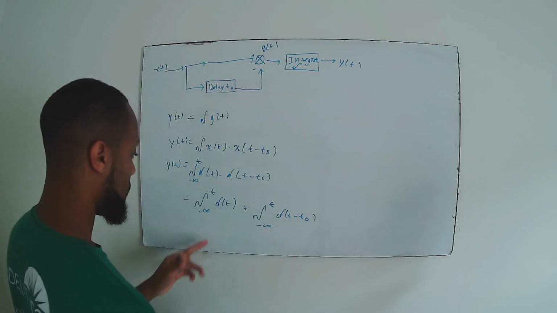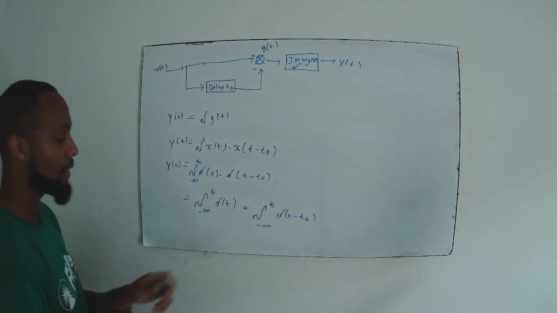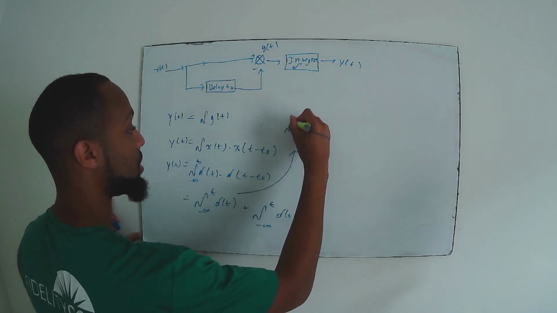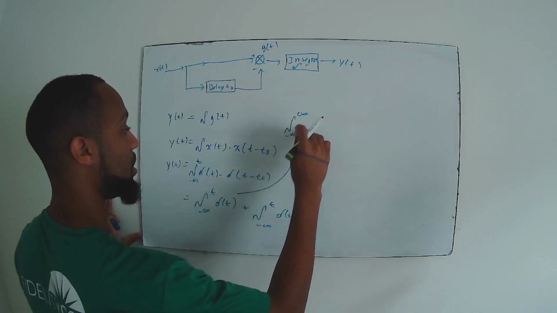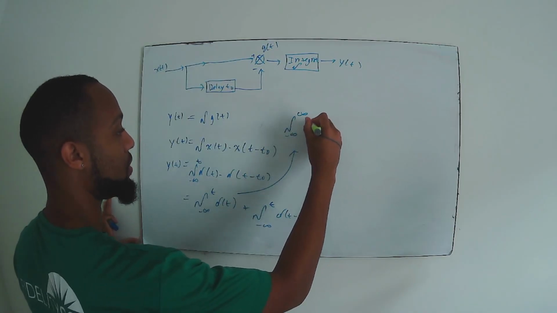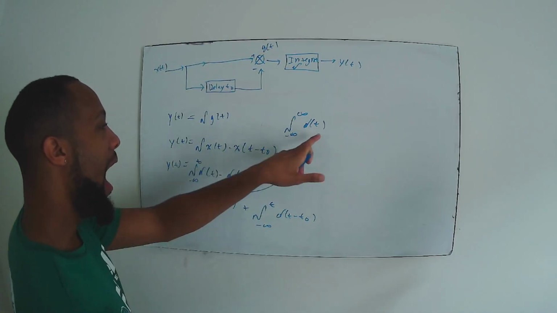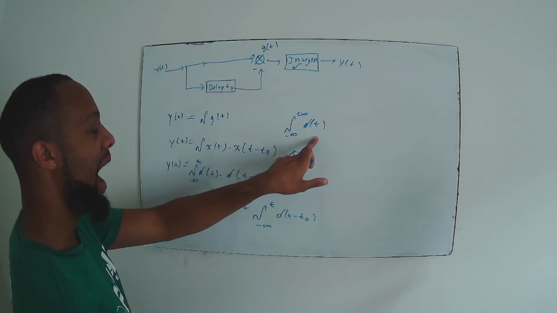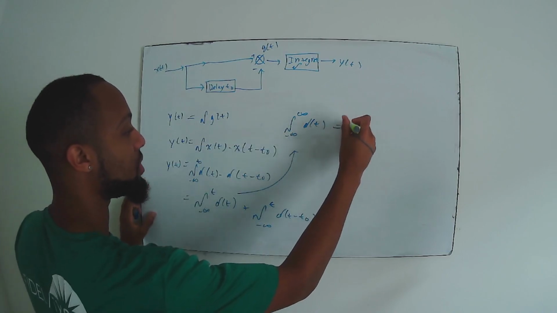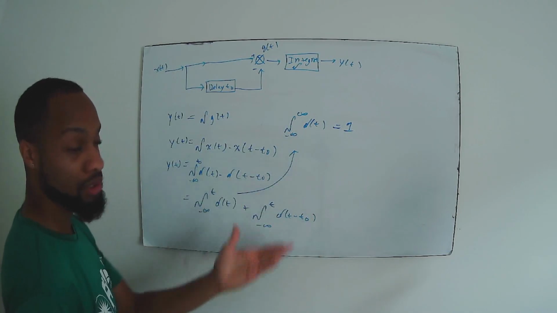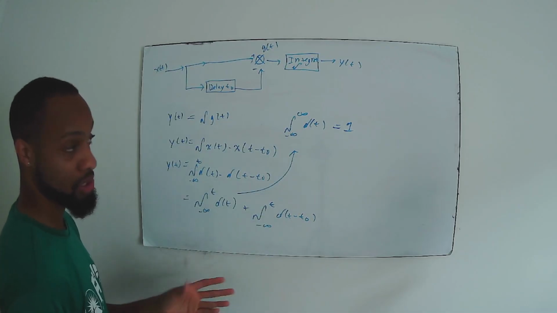So for this integral, we know that the integration of delta of t, let's make a little note here, from minus infinity to infinity is 1, correct? We know that this integral is equal to 1, so it's constant for all values. That's basically the area underneath the Dirac delta function, which is equal to 1.